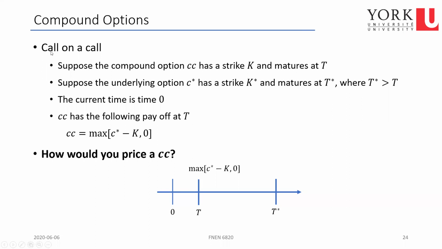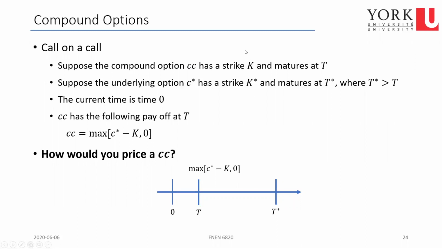Let's first take a look at a call on a call. So we denote that CC, call on a call. Let's say this option has a strike price K. Now this means that the underlying option will have a price greater than K for the compound option to have a payoff, because it is a call on a call.